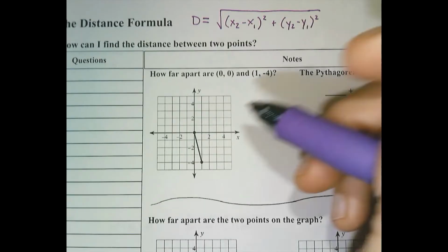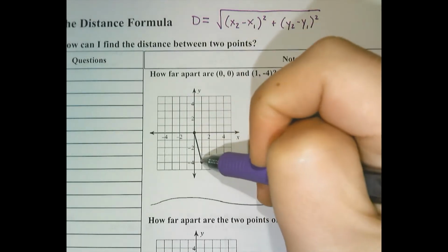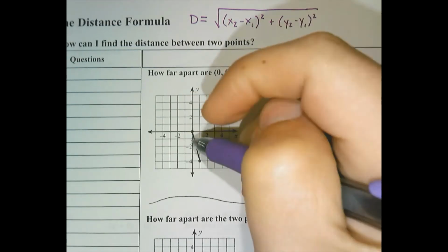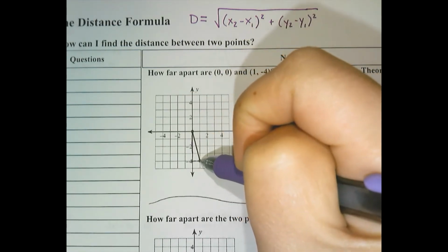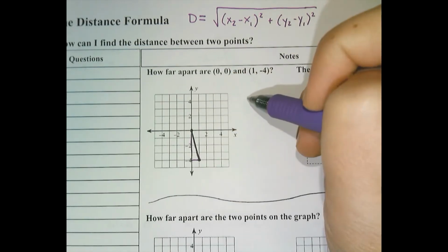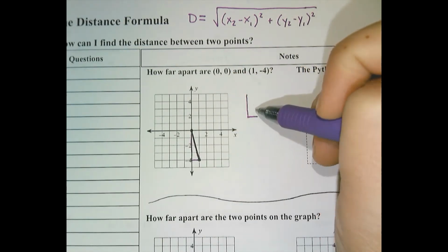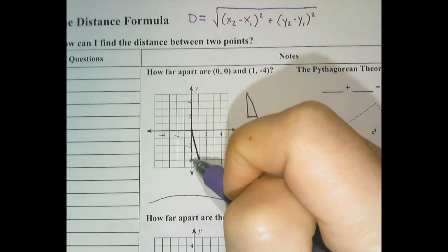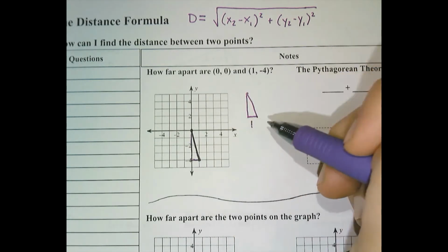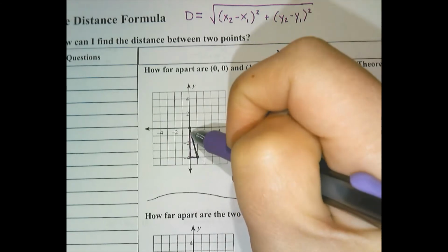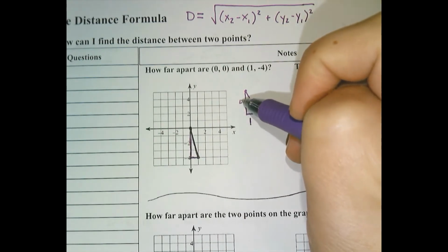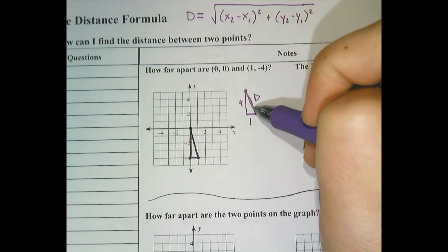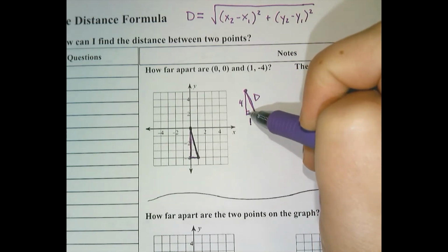So I want to find the distance between this point and this point. What I'm going to do is think of this as a right triangle. I'll sketch it over here off the grid so it's not crowded. And I'm going to look at the length of the sides. The length of this side is 1 unit. The length of this side is 4 units. And the distance would be the length of the hypotenuse of a right triangle.